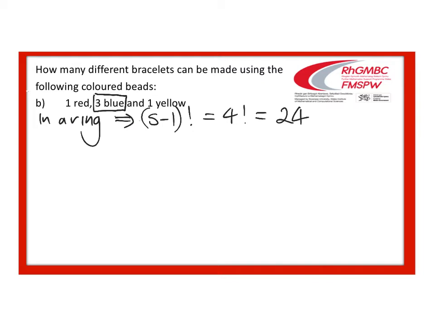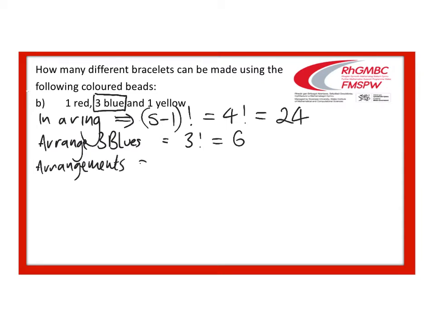Arranging 3 blues is 3 factorial, which is 6. So our arrangements for our beads are equal to the 24 if they were unique, divided by the 6 due to the repetition that we won't get, and I get an answer of 4 different arrangements.